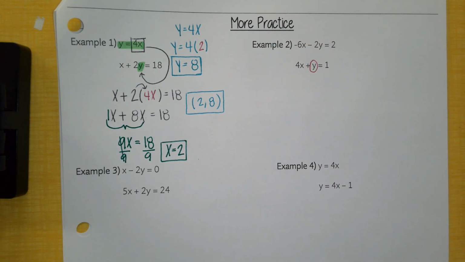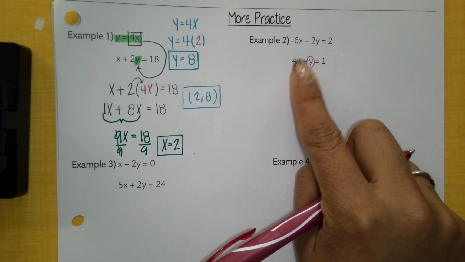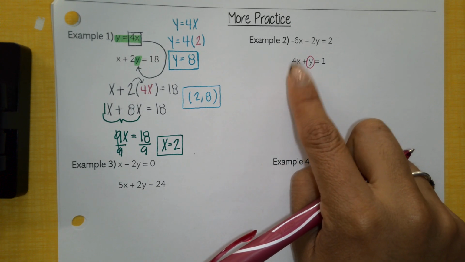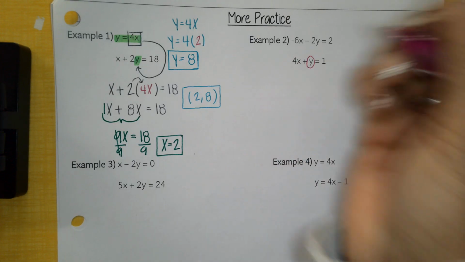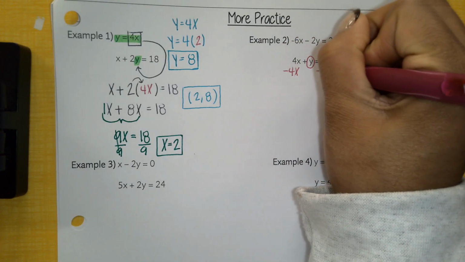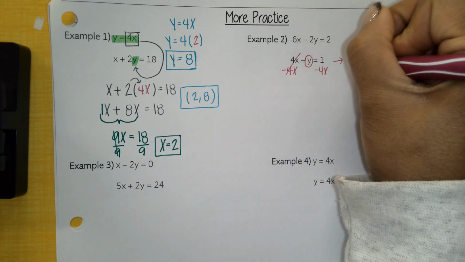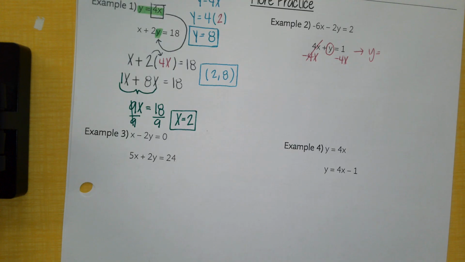And you see why we're solving for it. Okay, so we have y right here. We want to get it by itself, so I need to get rid of this 4x. So what do I do to get rid of it? Minus. So minus 4x on both sides. So I end up having y is equal to negative 4x plus 1.